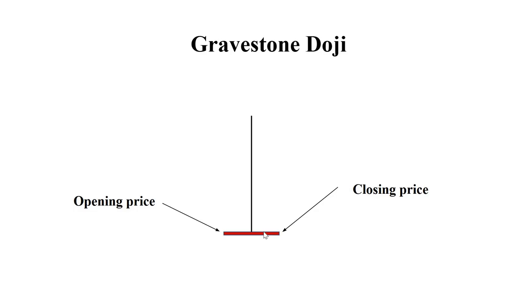What this tells us is that buyers initially came into the market to push the price all the way up, and then later sellers set in, overshadowed the buyers, and pushed the price all the way back to the opening price, where it closed. It means sellers have taken control over the market.